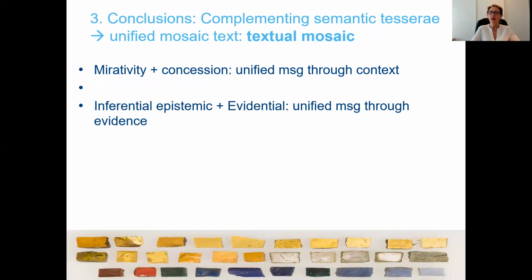And then on the textual level, we saw that meanings of concession actually provide a context for expressions of narrativity, in this sense creating a unified message for the reader. Also, evidentiality provides a basis for inferential epistemic meanings, as we have seen, to create a unified message for the readers.